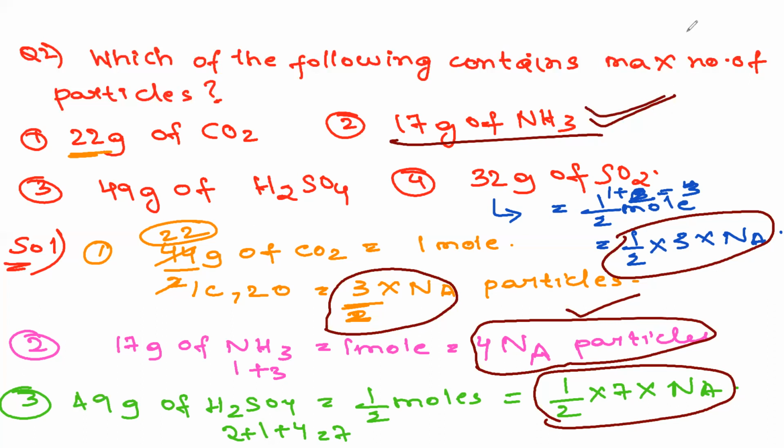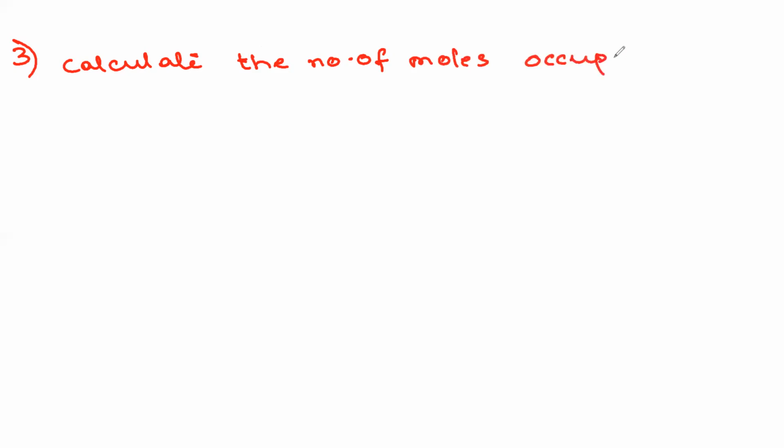Next, question number 3, model number 3. Calculate the number of moles occupied by 88 grams of carbon dioxide gas at STP.